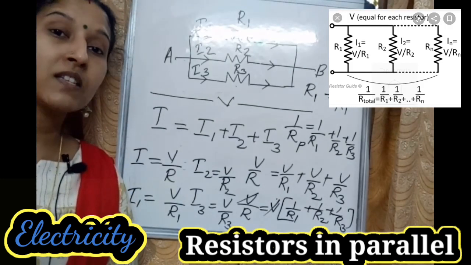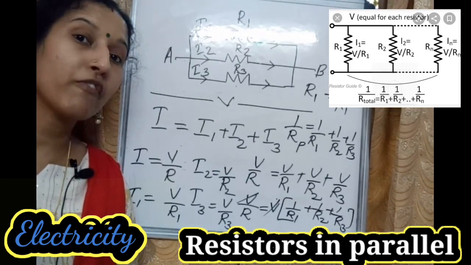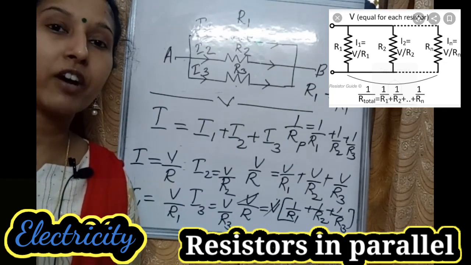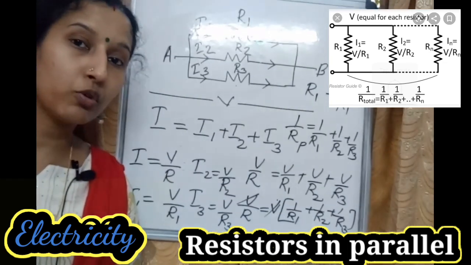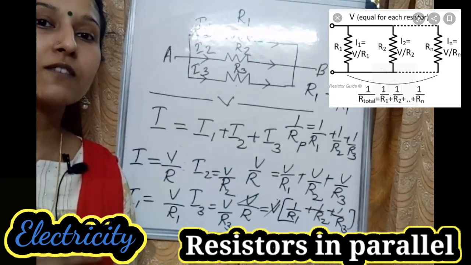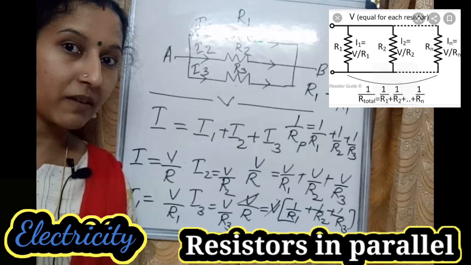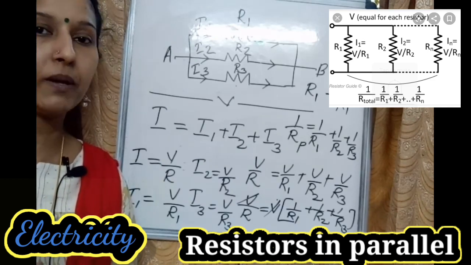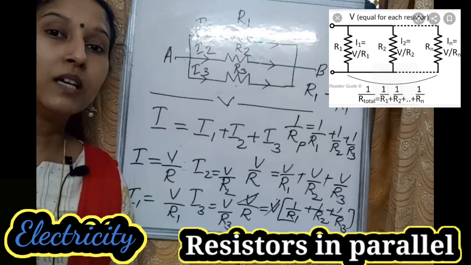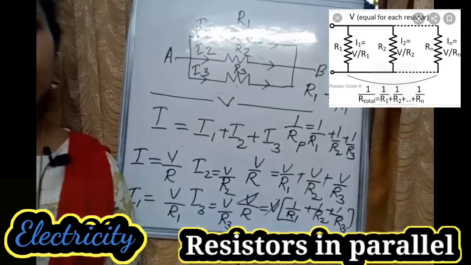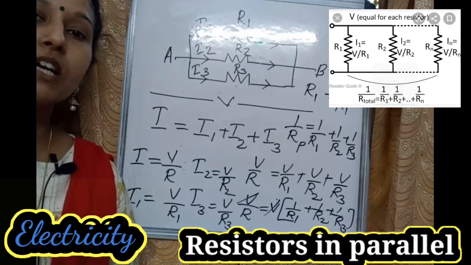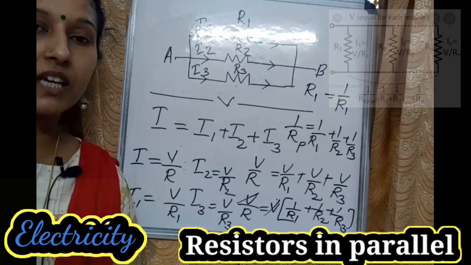It means the total resistance is the sum of reciprocals of individual resistances: reciprocal of R1, 1 by R1, reciprocal of R2, 1 by R2, and reciprocal of R3, 1 by R3. Their sum is equal to 1 by Rp. So the resultant resistance is the sum of reciprocals of individual resistances.